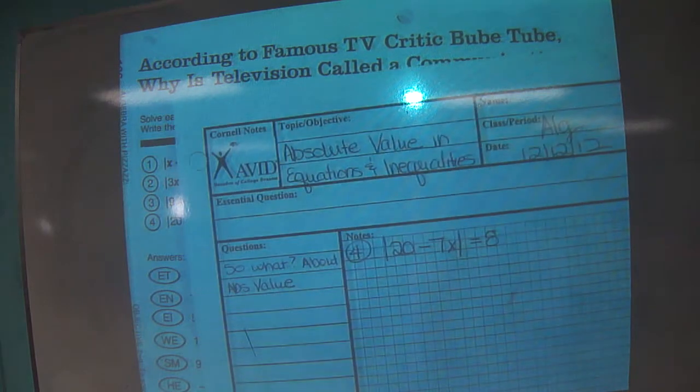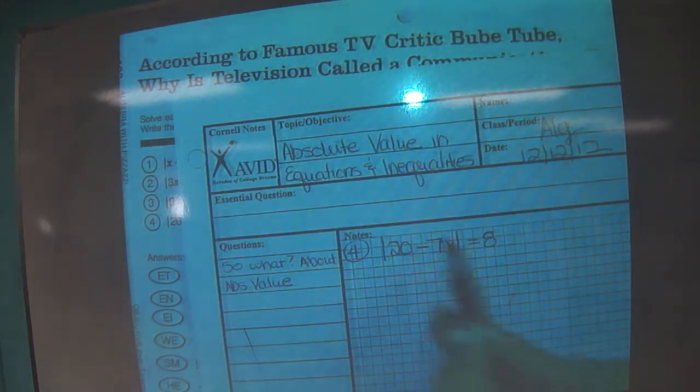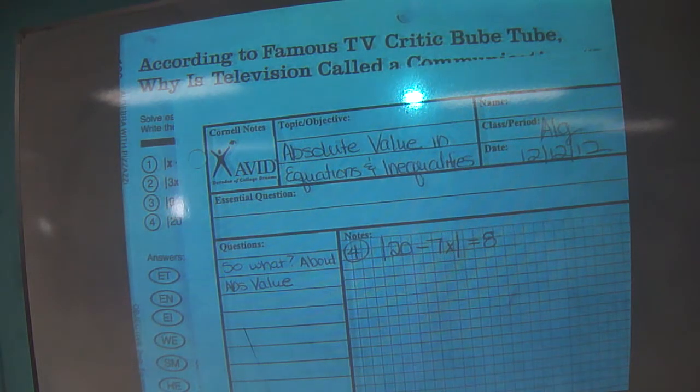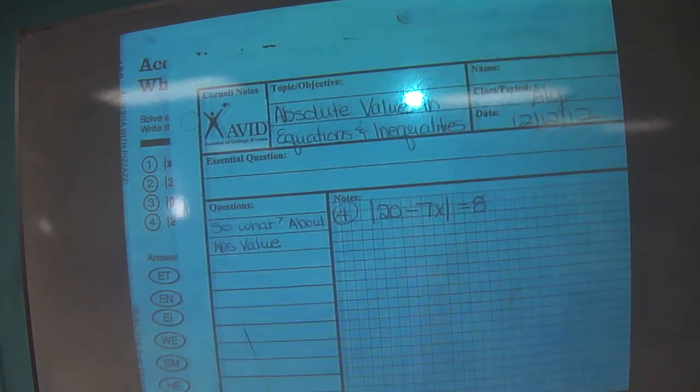So this value could be equal to 8 or what else could it be equal to? Negative 8, right? So you actually have to do 2 calculations with absolute value.